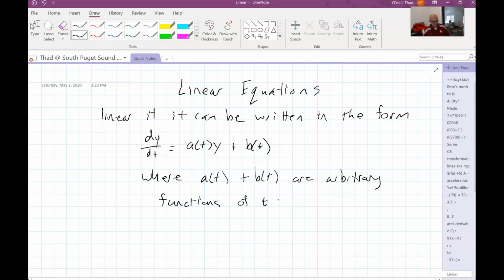Again, the emphasis here being that y is the dependent variable, and in this case t is the independent variable.